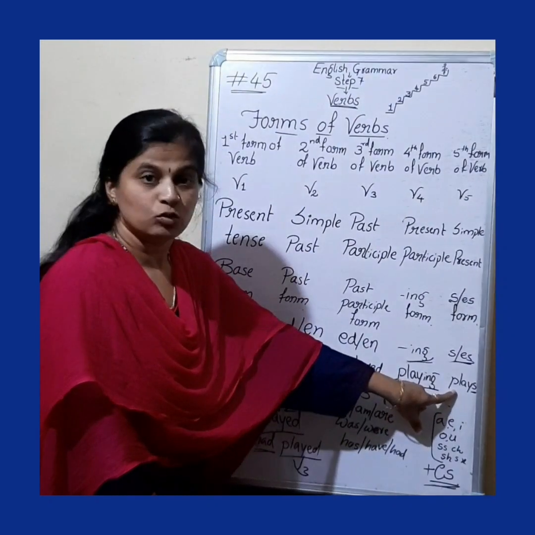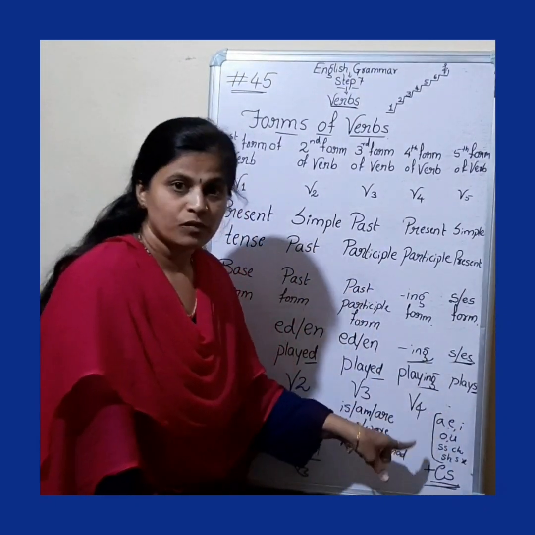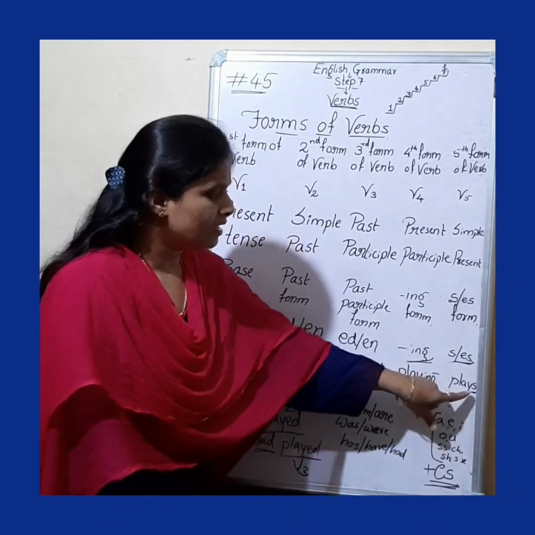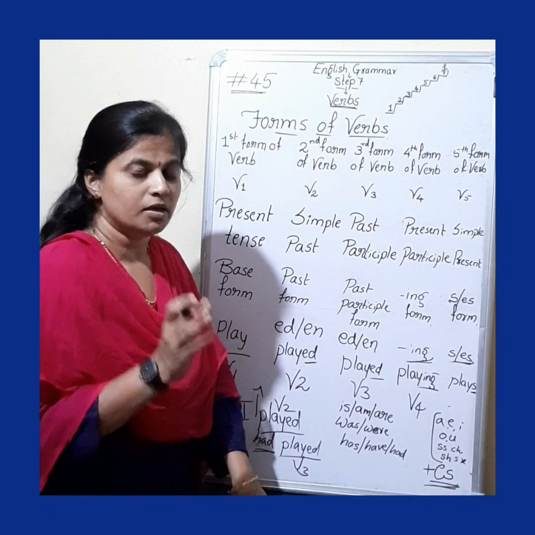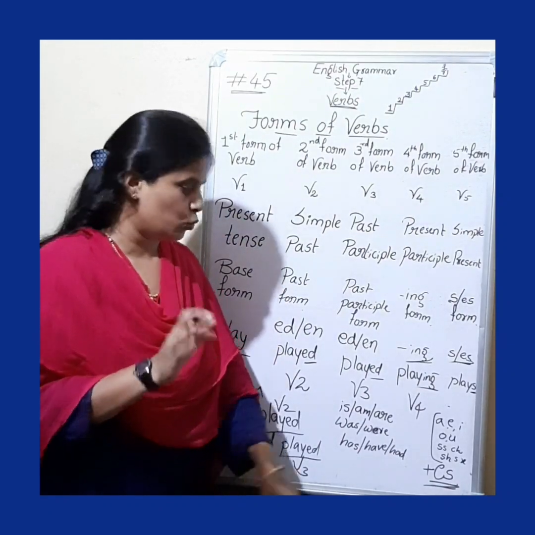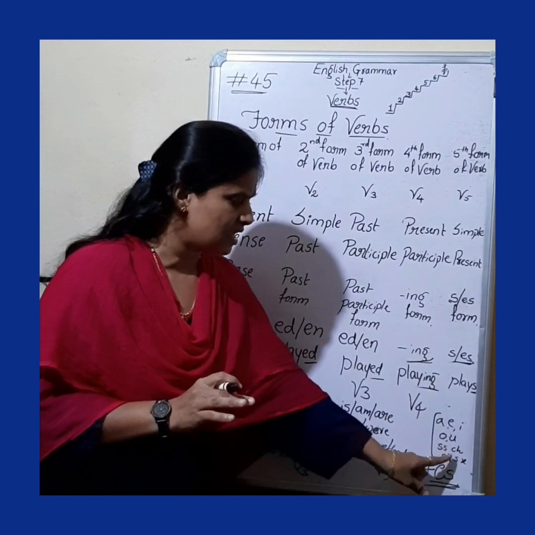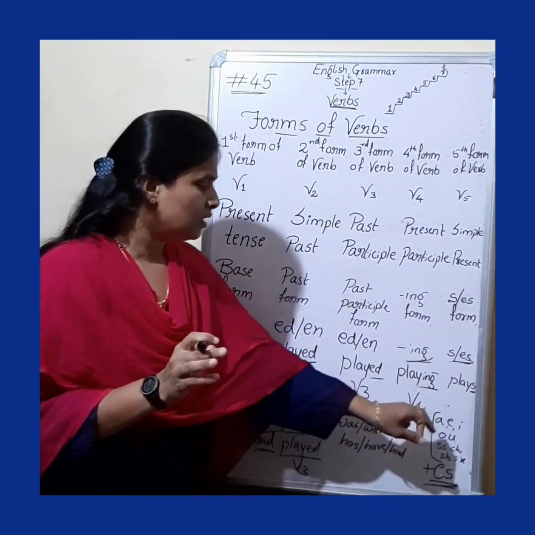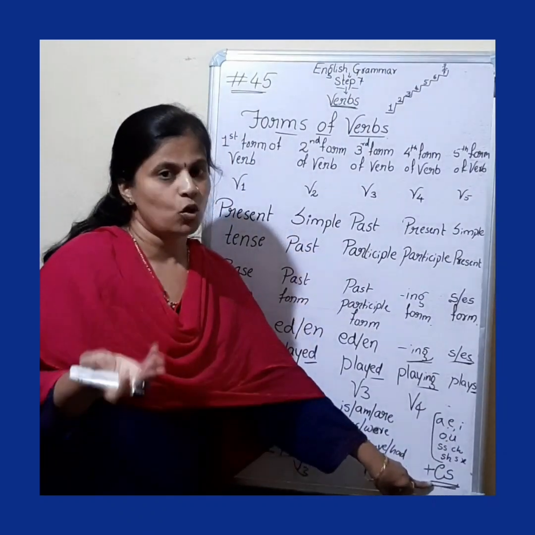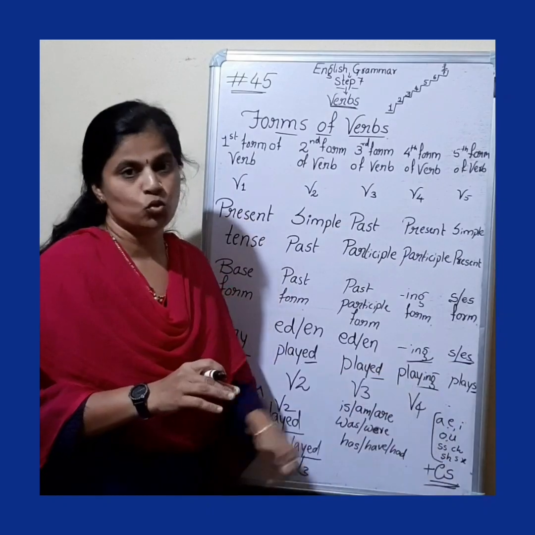Now just check out this one. Does this word end with any of these? No, right? So I have added s to it. Is that clear? So any regular verb if you take, if it ends with a, e, i, o, u, s, c, h, s, h, s or x, then compulsory you have to add es to it. Otherwise, rest all regular verbs you can just add suffix s to it.